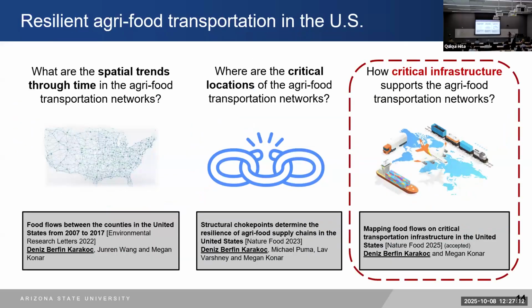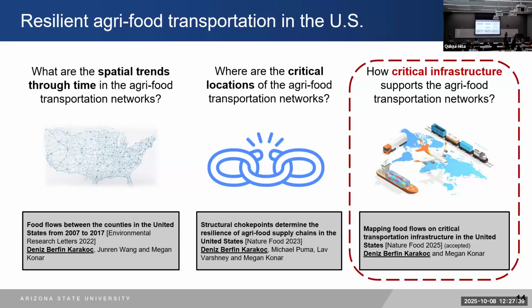Okay, but this was all based on the bird's eye view of how the food distribution network looks, right? And if you want to go and tell a government official or a public policymaker, focus on the food distribution between state A and B, they're not going to take us seriously, right? I need some practical, real world details, like which highway path are you talking about, or which county specifically?